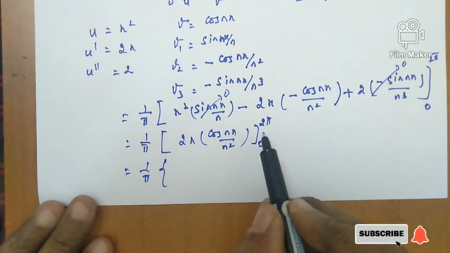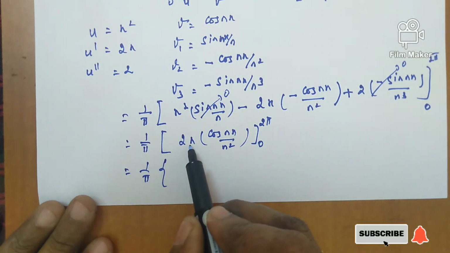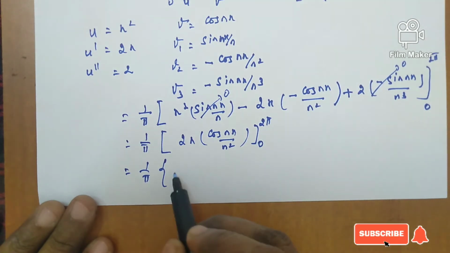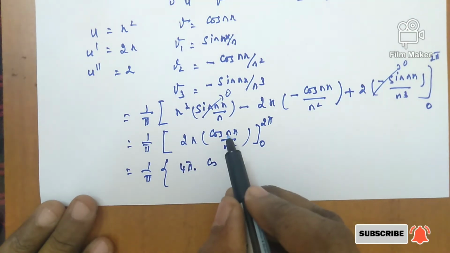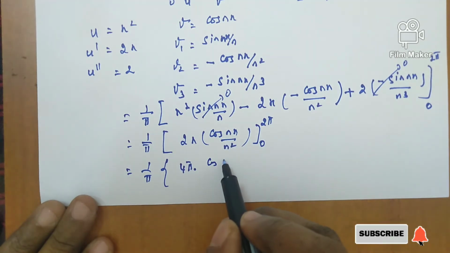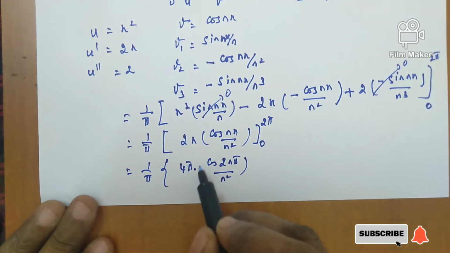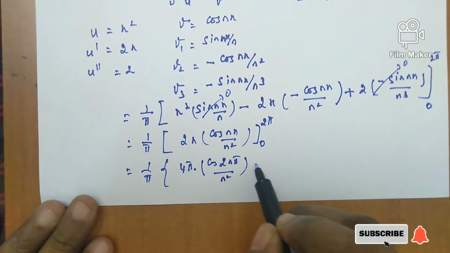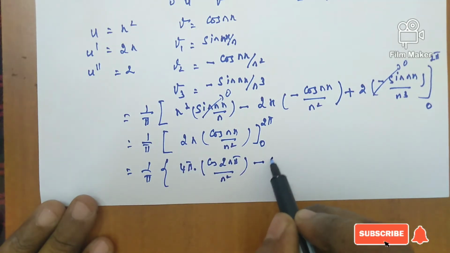We apply it only to the x term. So 2 into 2 pi becomes 4 pi, into cos of n times 2 pi, that is cos 2n pi, by n square. This is the upper limit; minus the lower limit, which is 0, and 0 into anything becomes 0.